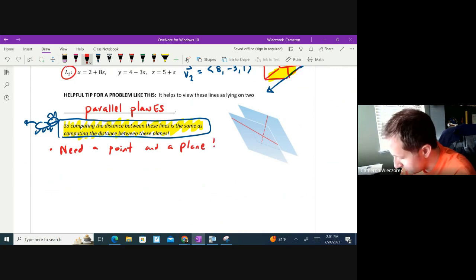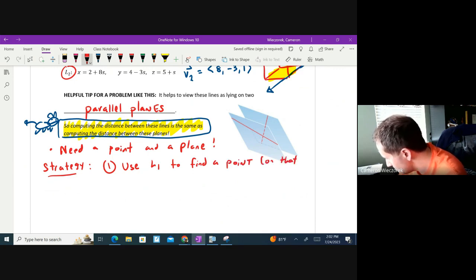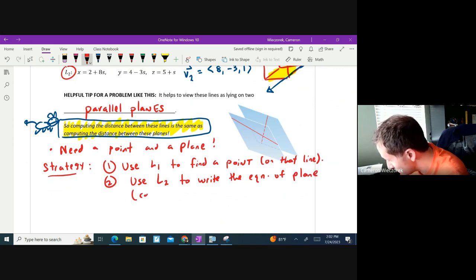Okay, so strategy. Go into these problems with a plan. I'm going to just say use line 1. Again, it doesn't matter which line you start with. Use line 1 to find a point on that line. And then use line 2 to write the equation of the plane containing that line.